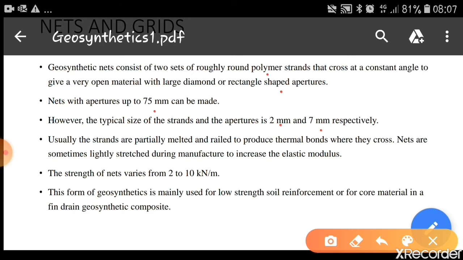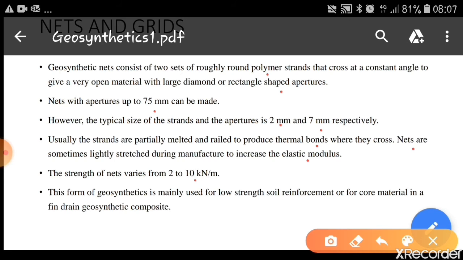Usually, the strands are partially melted and rolled to produce thermal bonds when they cross. Nets are sometimes lightly stretched during manufacture to increase the elastic modulus. The strength of nets varies from 2 to 10 kilonewton per meter.